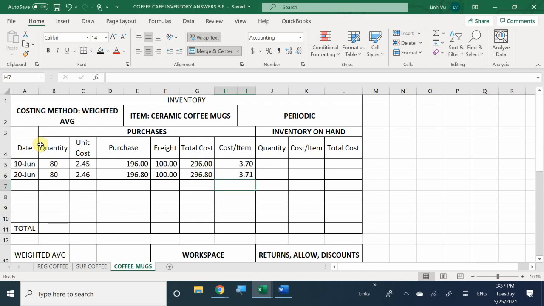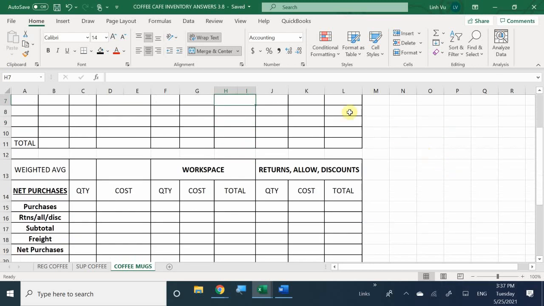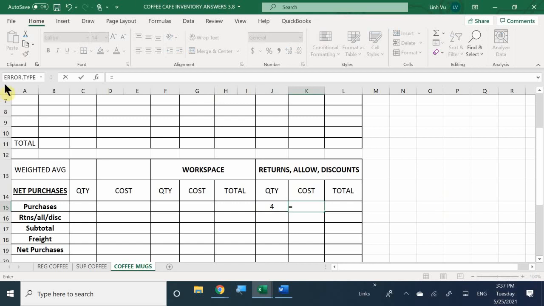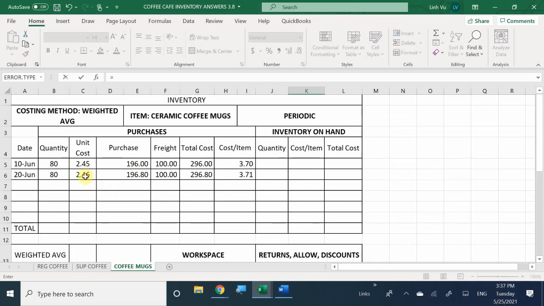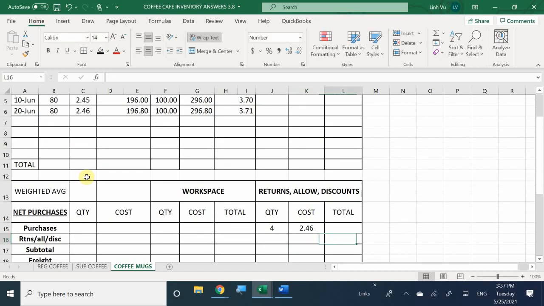Now, let's look at our inventory worksheet. Is there a place where I could put my returns and allowances? Yes. Right here. How many items are we returning? 4 quantities, 4 at a cost of $246 each. Good. And therefore, what should be my total amount of refund? $984.